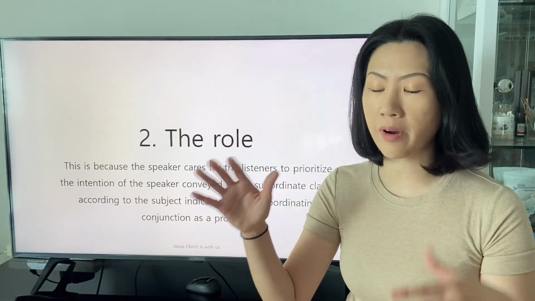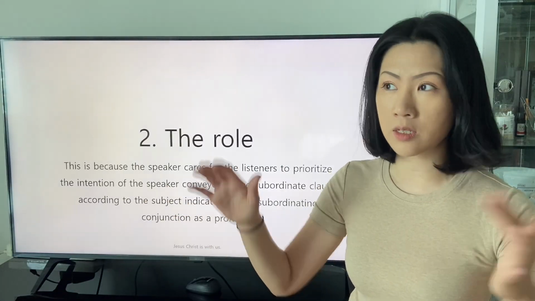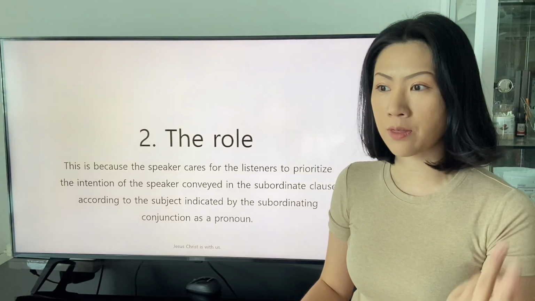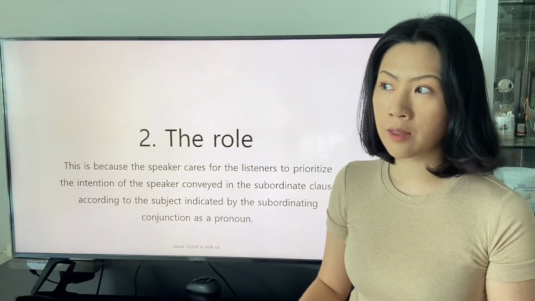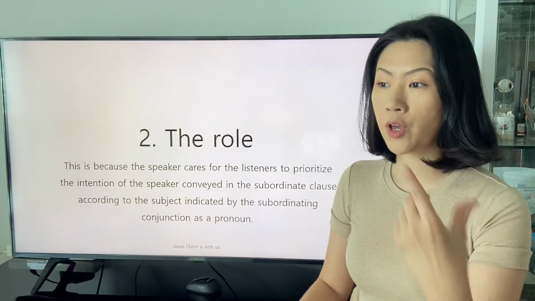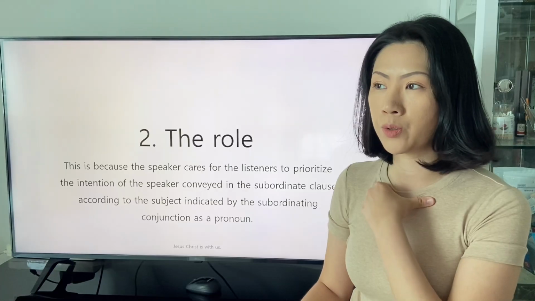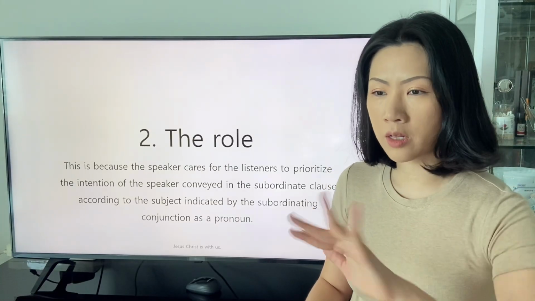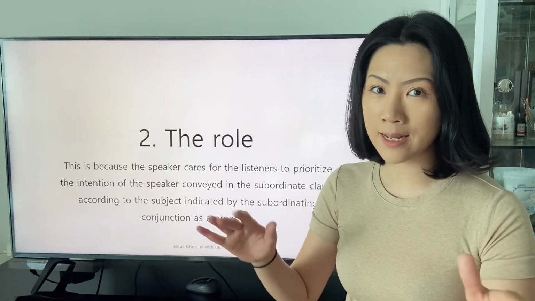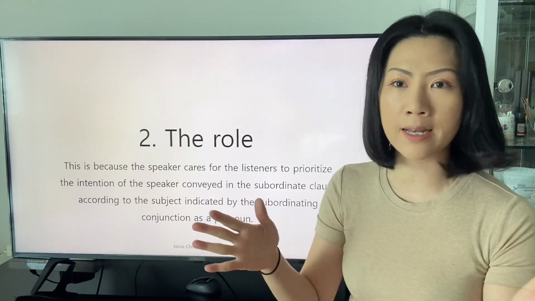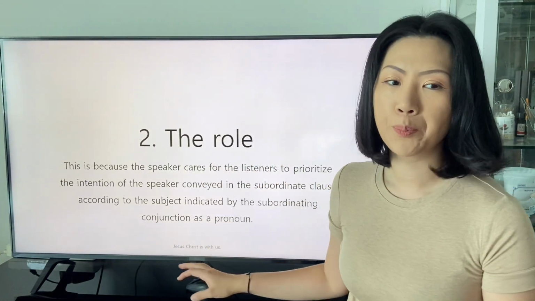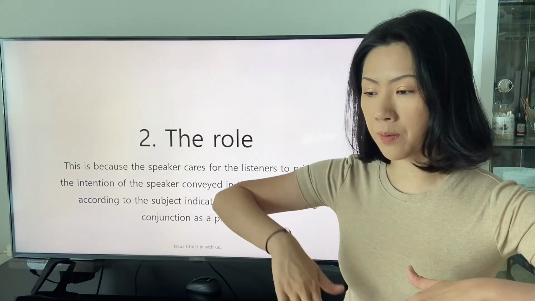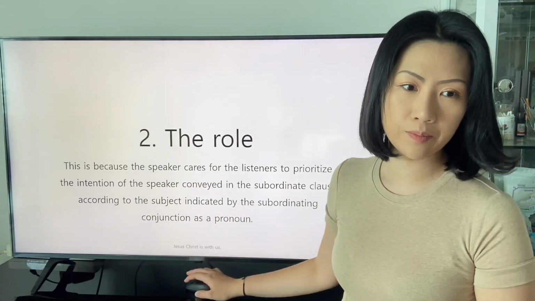It's all about the priority that the listeners sort out and prioritize every information gathered from a conversation. And the speaker intends to care for the listeners to analyze and prioritize every information. We can understand the subject-verb agreement like that.